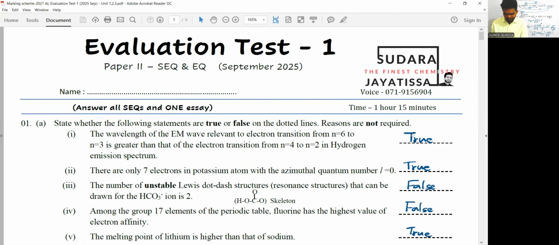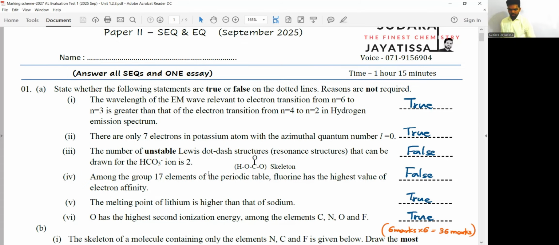Now let's quickly discuss this structured essay 1. Look at the first one: the wavelength of the electromagnetic wave relevant to the transition from n equals 6 to 3.